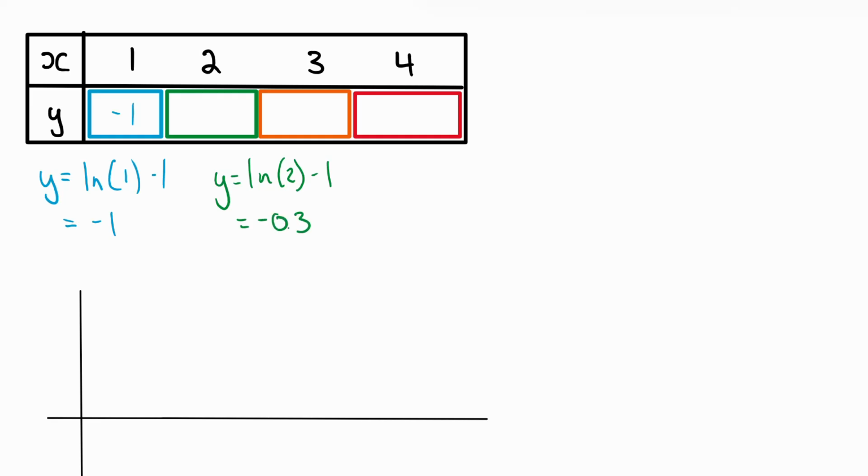If we go to orange, we end up with y equaling ln 3 minus 1, 0.1. And then lastly, y equals ln 4 minus 1, 0.4.